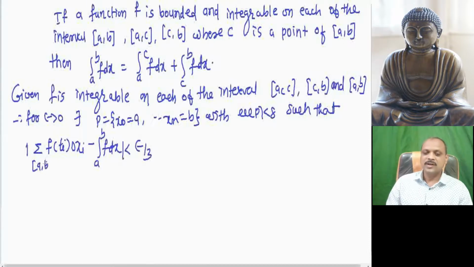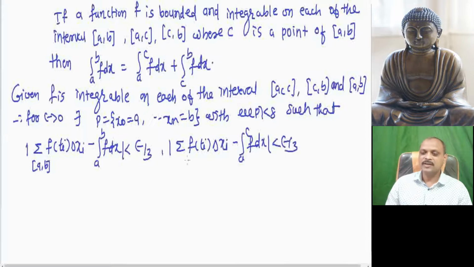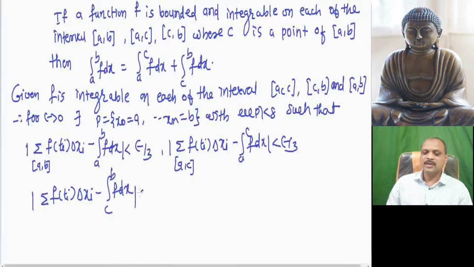This is over interval a to b. Mod of summation f of ti delta xi minus integration a to c f dx is less than epsilon by 3. This is over interval a to c, and summation of f of ti into delta xi minus integration from c to b is less than epsilon by 3 between the limit c to b.